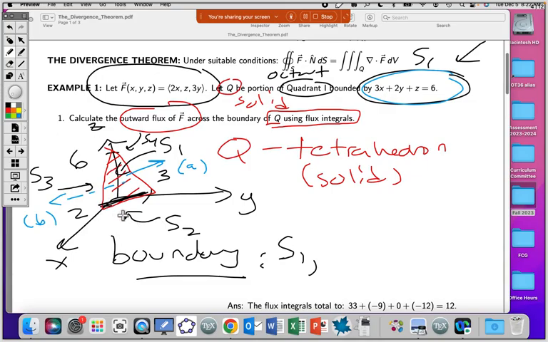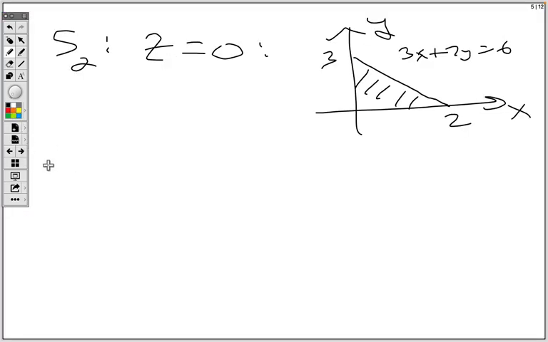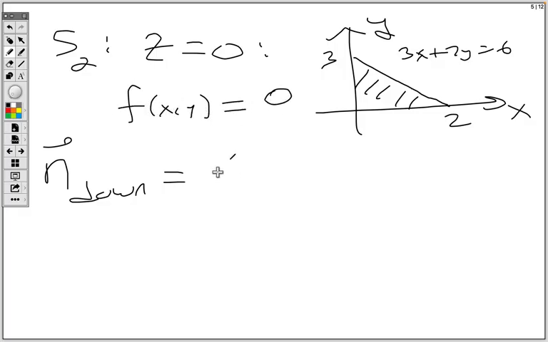Now, from S2's point of view, which direction is outward from Q? Is it the up or the down? It's going to be the down. You might guess what it is, but if I wanted to go through it just to show you the formula's consistent: fx and fy are both what? It'll be plus, plus, negative 1.